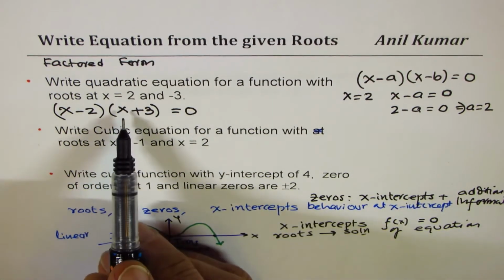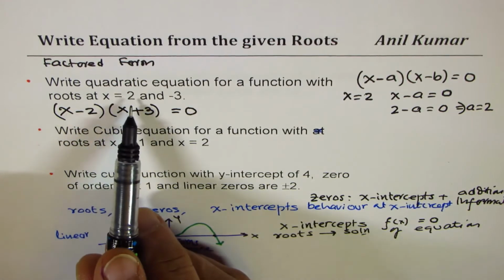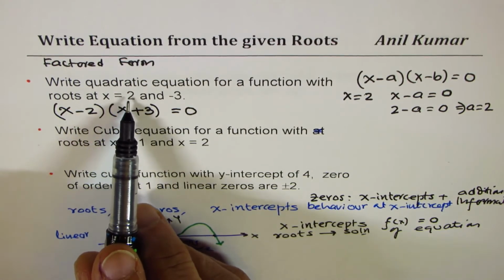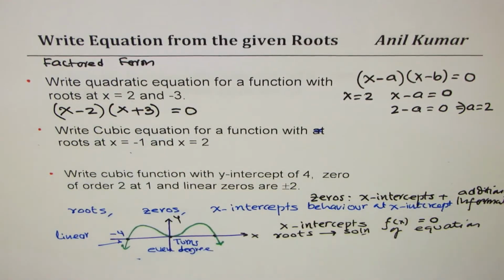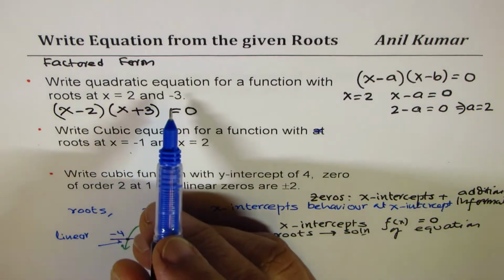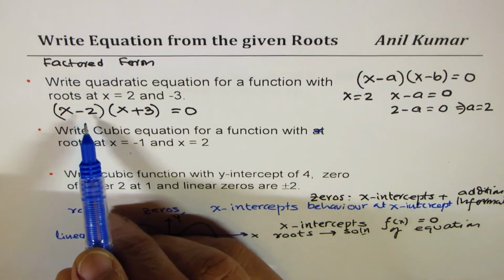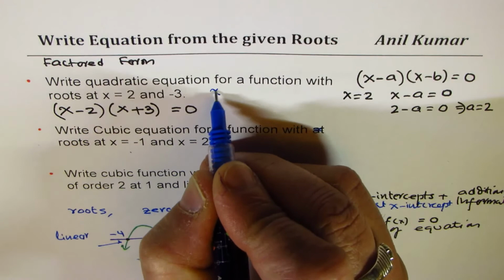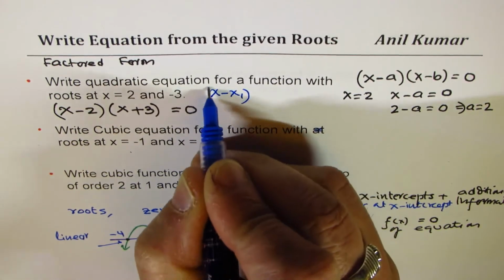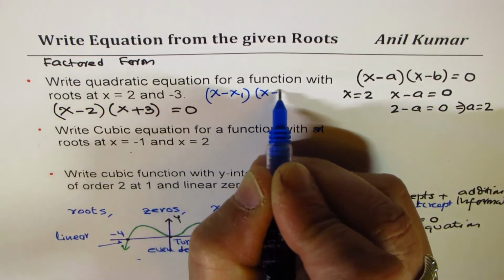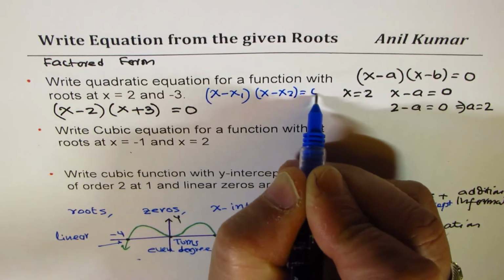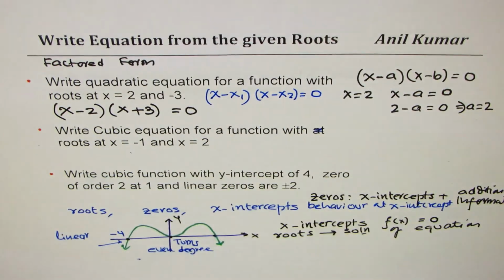In general, if two values x1 and x2 are given to us, then we could write an equation as x minus x1 times x minus x2 equals 0. Perfect. And we get our answer.